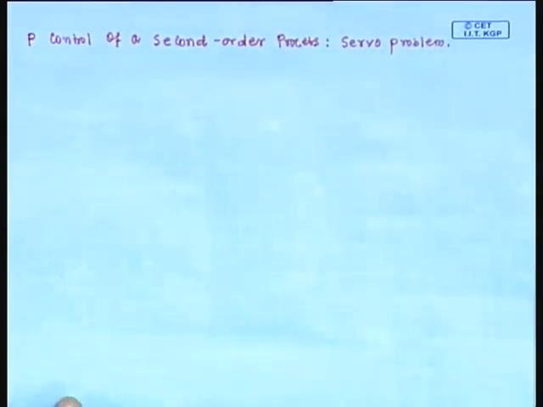Basically, we want to see the closed loop response of a second order process under P only control.